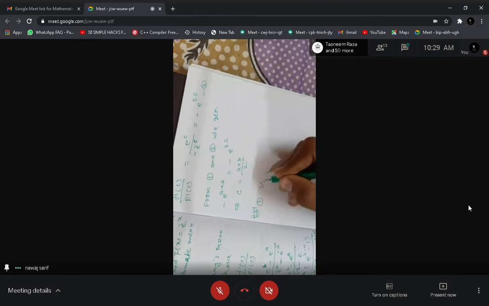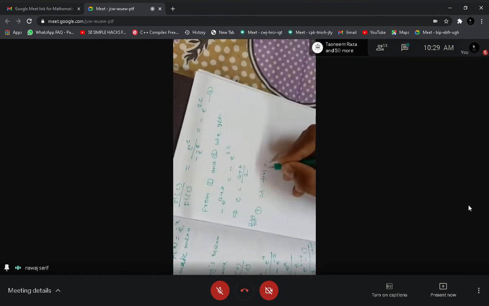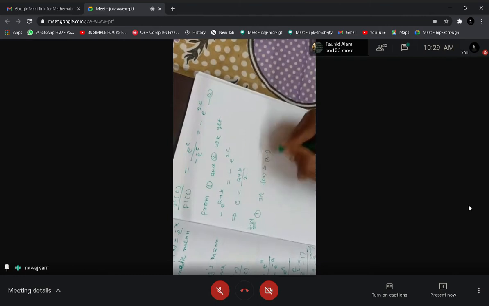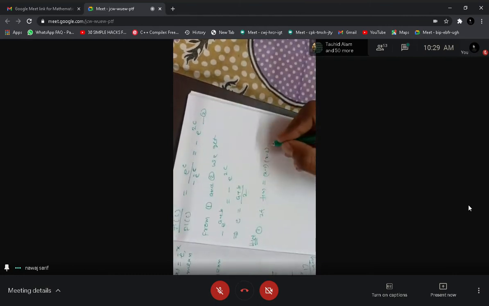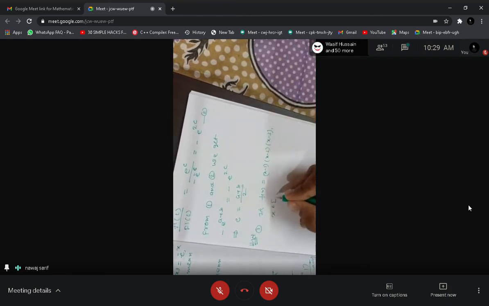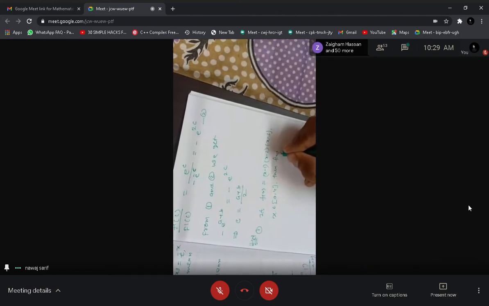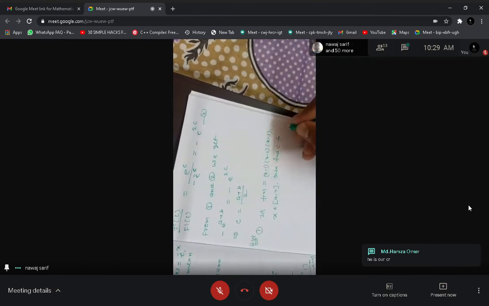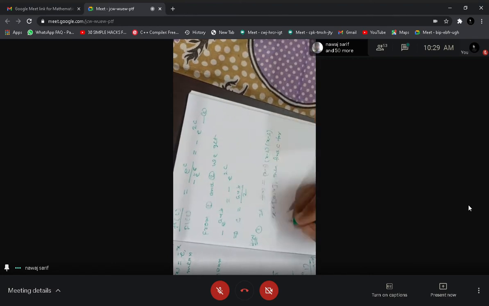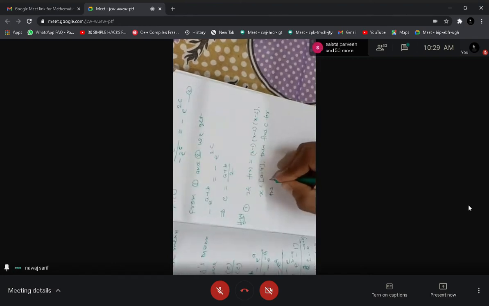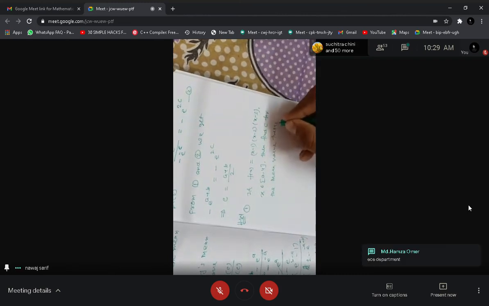If f of x equals x minus 1 into x minus 2 and x minus 3, where x belongs to the closed interval 0, 4, then find c for the mean value theorem.